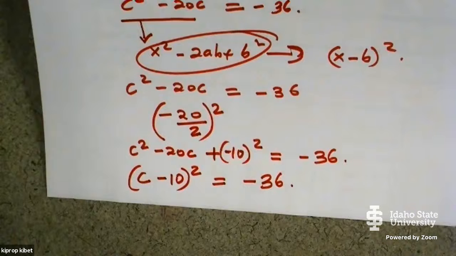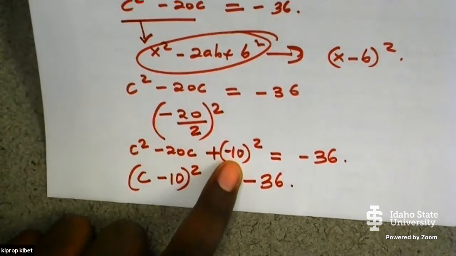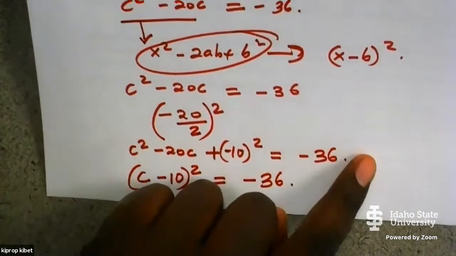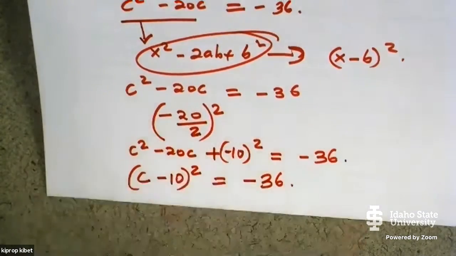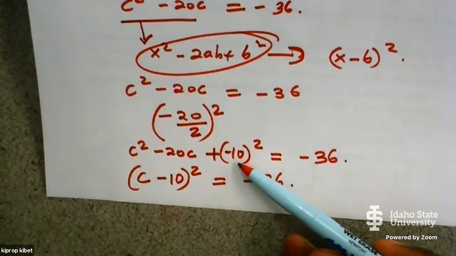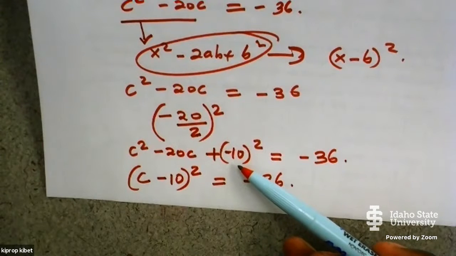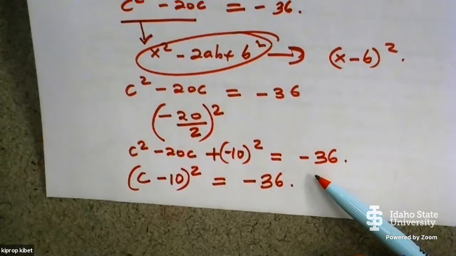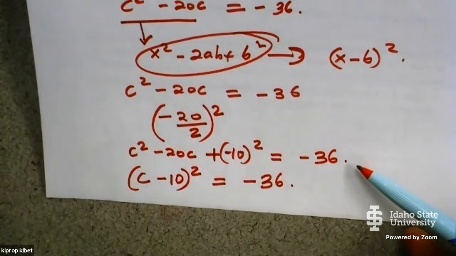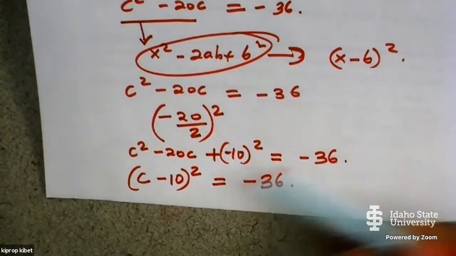So again, what you do here, you do it on the other side, because if you put this one here, then it will not equal minus 36. So what you add here, you add on the other side so that it can cancel.